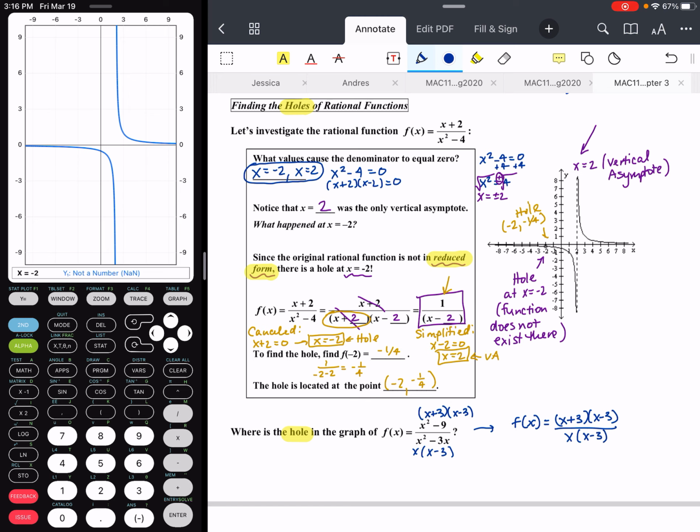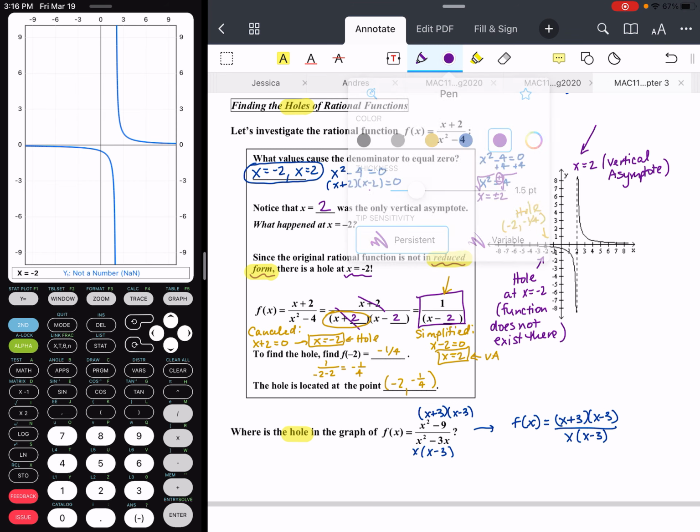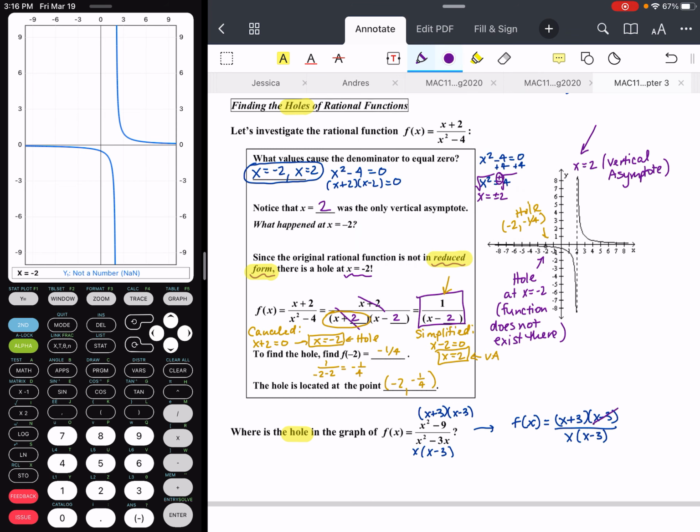Now notice that x is not allowed to equal 0 and x is not allowed to equal 3. The function doesn't exist at x equals 0 or at x equals 3. But as we move forward, I can cancel out those x minus 3 factors, and that leaves me with my simplified function in reduced form, x plus 3 over x.